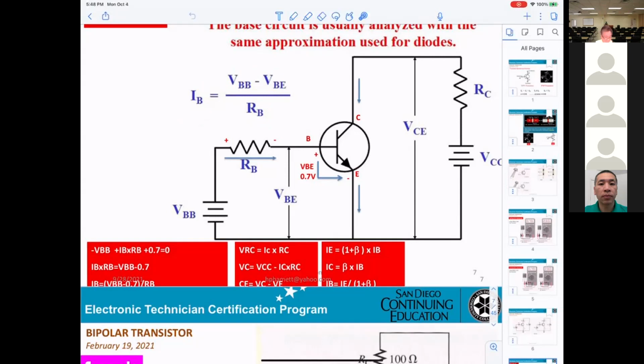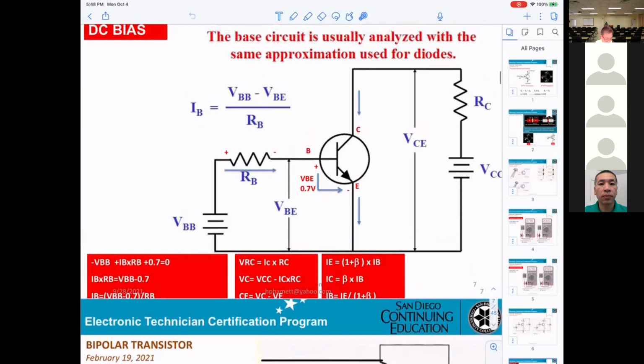So if you want to do calculation, you can use these formulas here. If you want to calculate the voltage at VC, basically you need to know the voltage drop across RC.